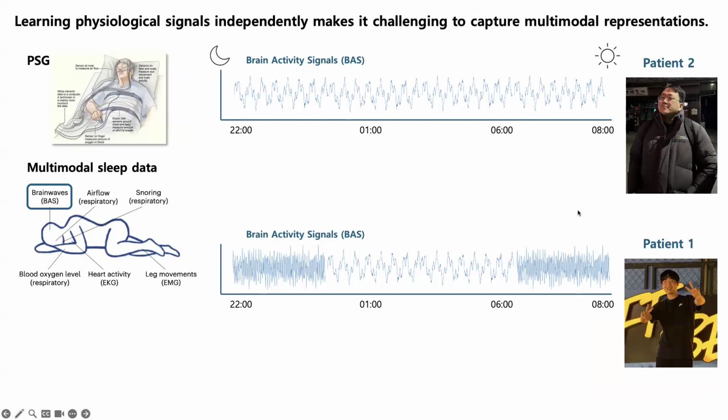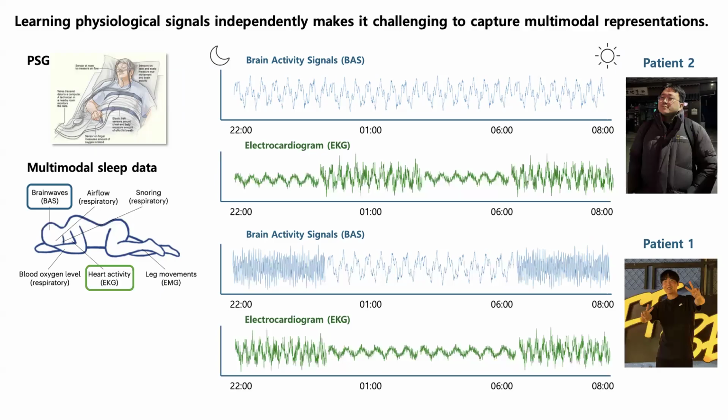So in this part, which patient is in a good condition or a bad condition? Look only at these two signals. Who is in a good condition? Patient two, right? Only based on this signal, we can estimate patient two is in a good condition.